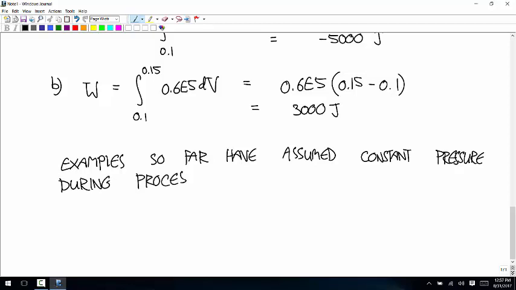If you think about what you need to integrate P dV, you don't need that pressure to be constant. You just need to be able to express that pressure as a function of volume.